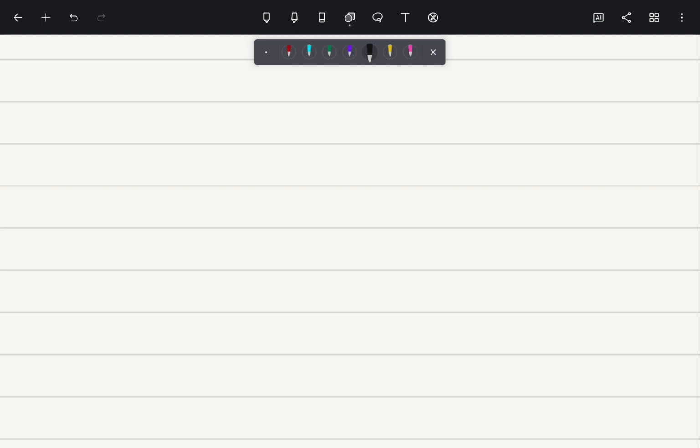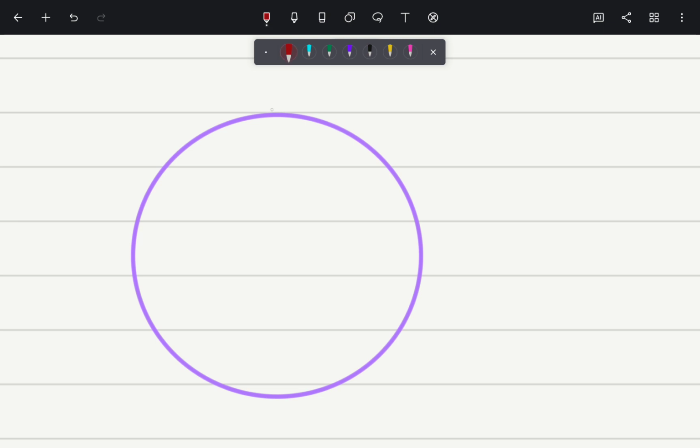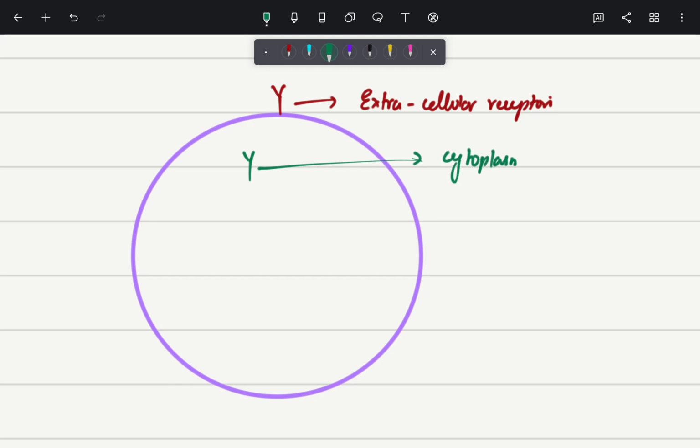First, in order to understand the hormone response elements, we have to draw a small diagram here. So this is the cell, and this cell is going to have some receptors which are present on the surface, and these types of receptors are called your extracellular receptors. Similarly, the cell has receptors in the cytoplasm, and these receptors which are freely floating in the cytoplasm of the cell are called your cytoplasmic receptors.